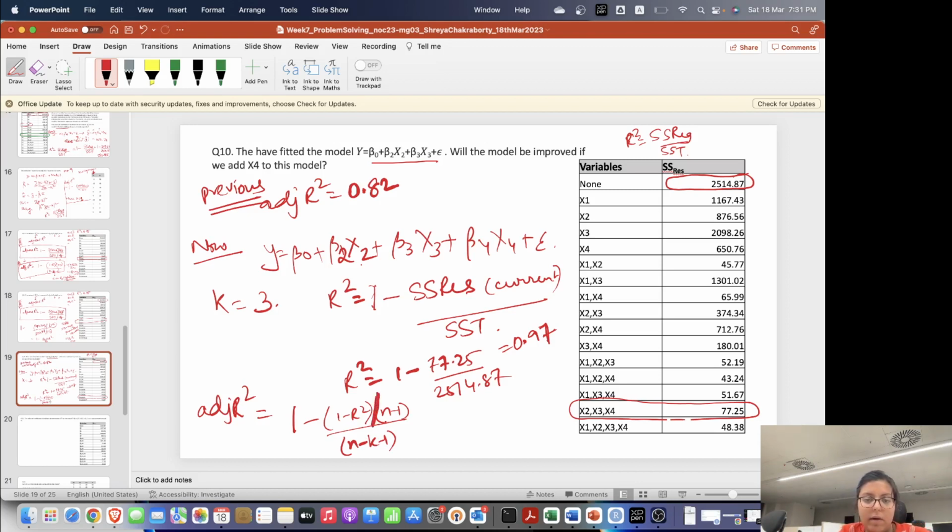So then how much is this coming out as? 1 minus 0.03 into n is how many? 13, that is 12 by, sorry, this is not divided by, this is into. I'm really sorry.